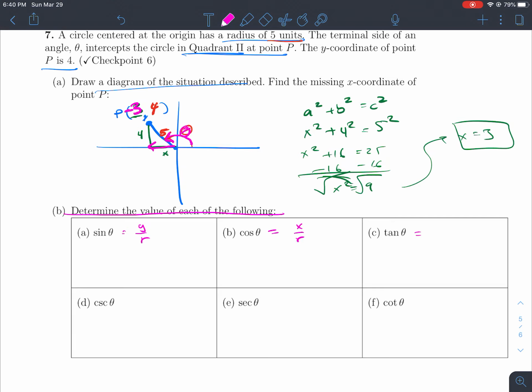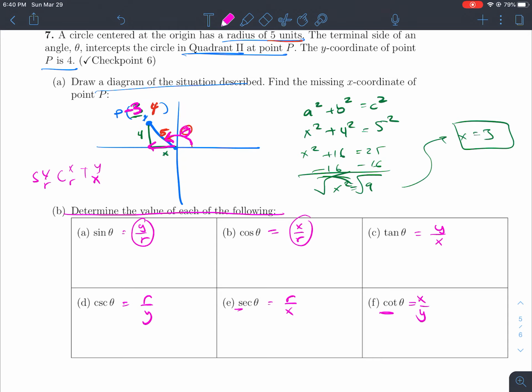Cosine is x over r, tangent is y over x from our coordinate plane formulas. These are just going to be the flips, the same way that we had before. Cosecant is going to be r over y. We're just flipping this one. Secant theta is going to be the flip of cosine, so r over x. Cotangent is going to be a flip of tangent, so x over y.